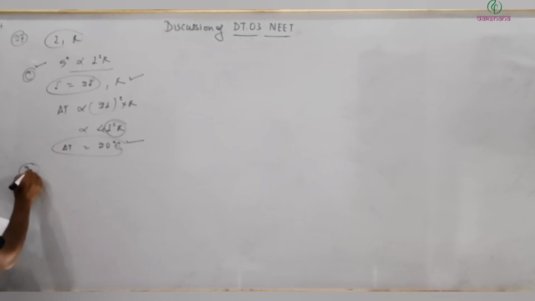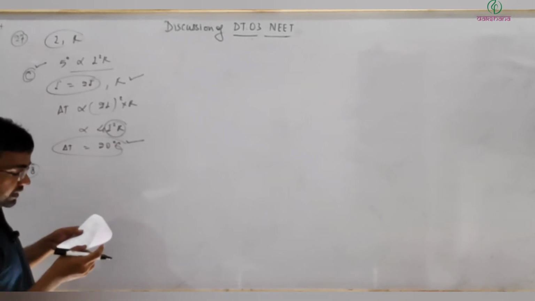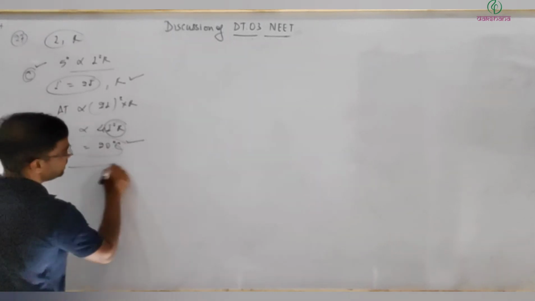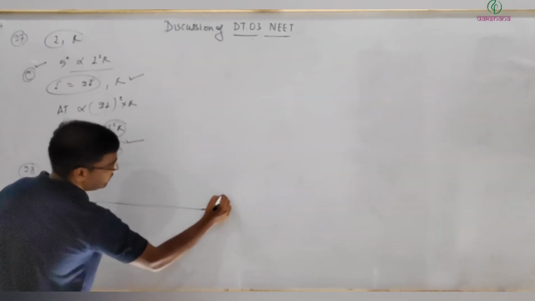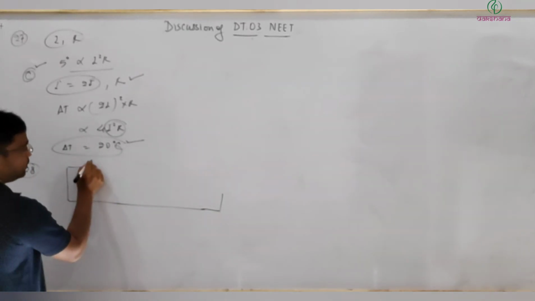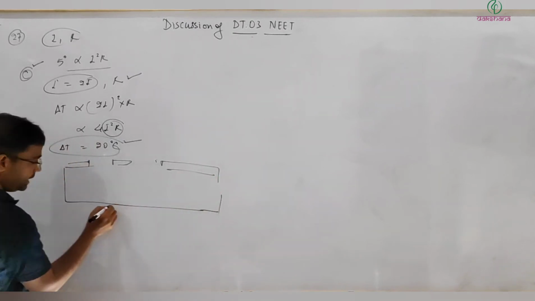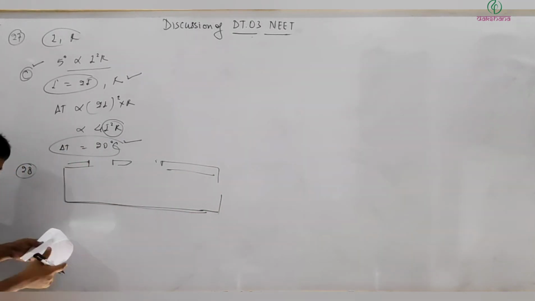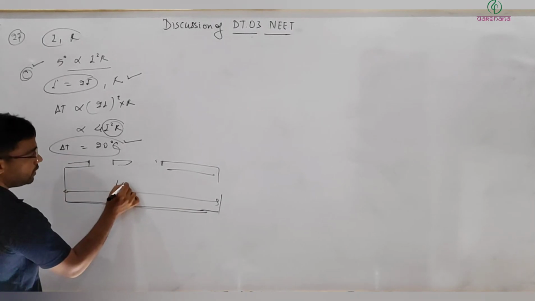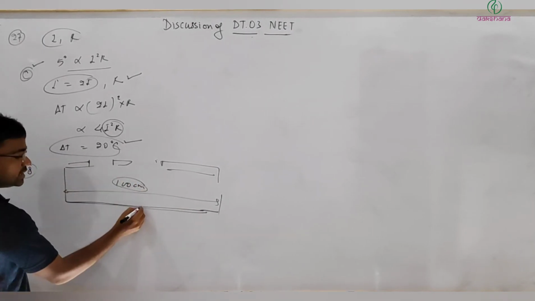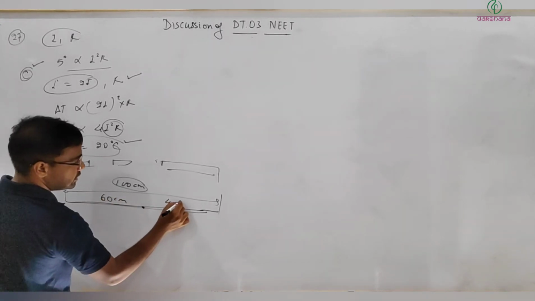This is question 28. Here the balance point in the meter bridge is 60. In a meter bridge we have one wire, normally 100 centimeter. The balance point is at 60, so this is 60 centimeter, that means the other is 40 centimeter.